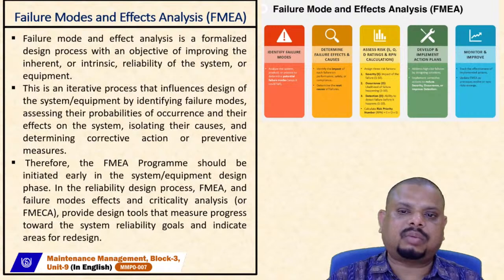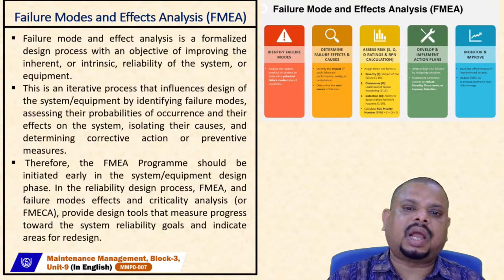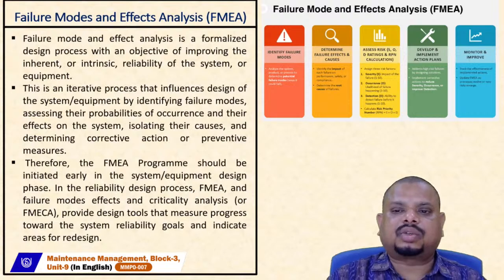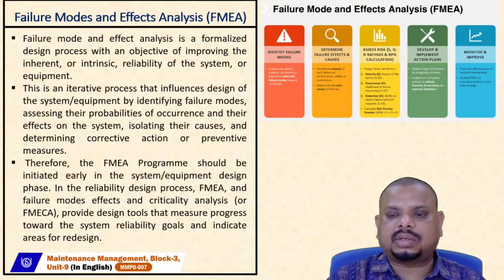So these are the 5 steps used under failure mode and effect analysis. I repeat: identify the failure modes, determine the failure effects and causes, assess the SOD ratings and RPN calculations, step 4 develop and implement the action plan, and step 5 monitor and improve.